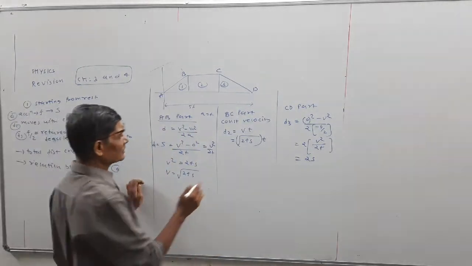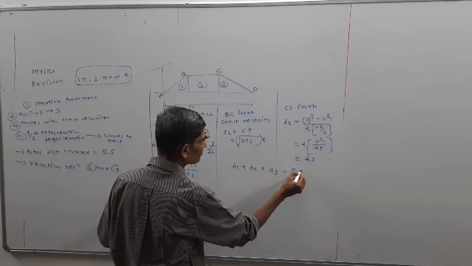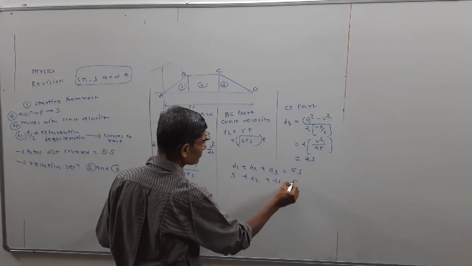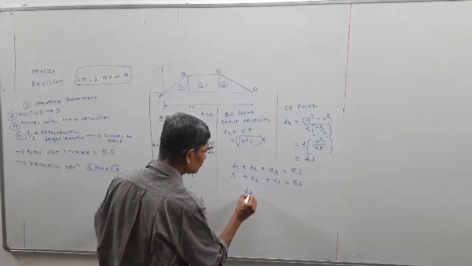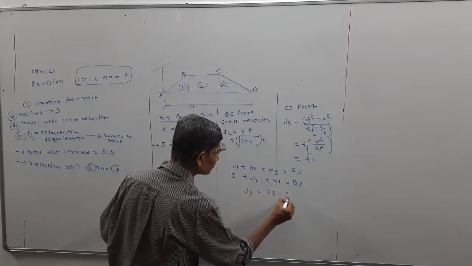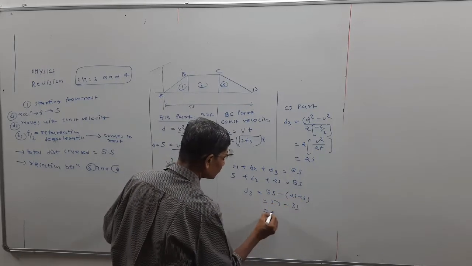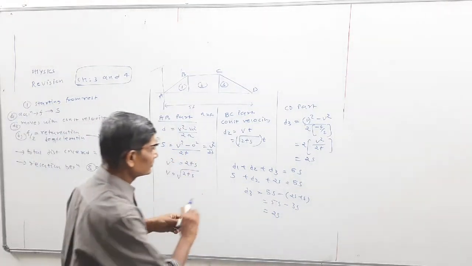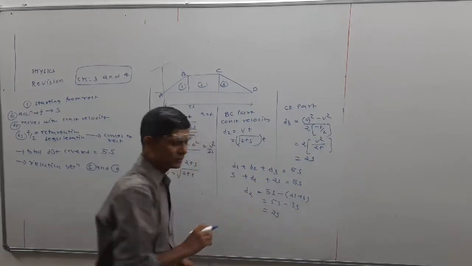Now our total distance is given as 5s. That is s for d1, and d2 we don't know, and d3 is 2s. Now this will make 3s, so this d2 is 2s.